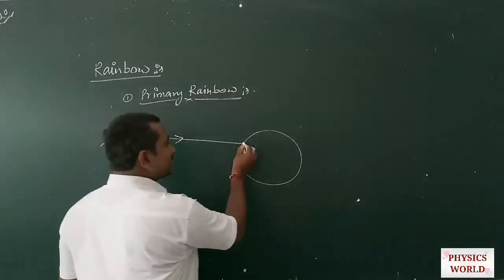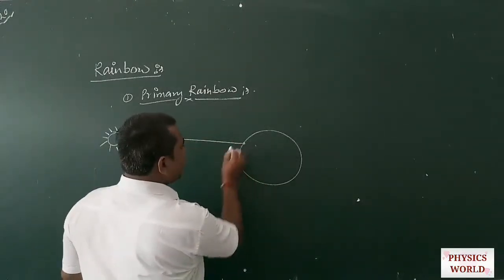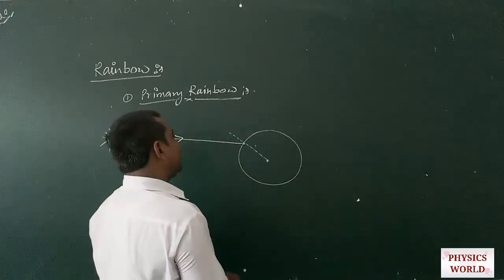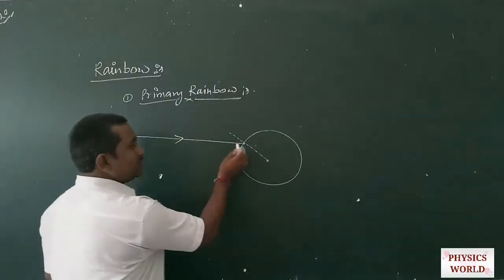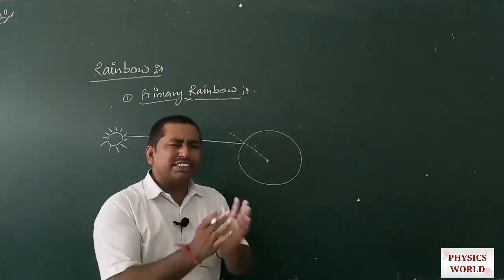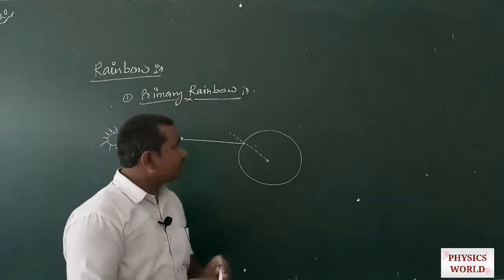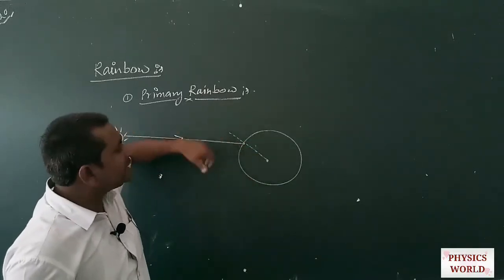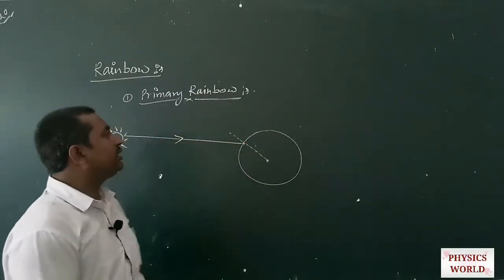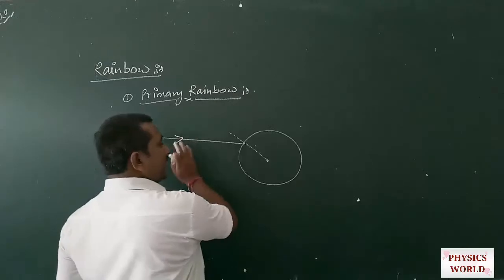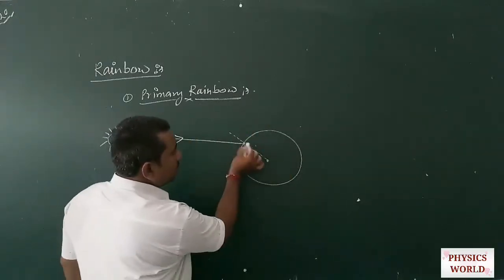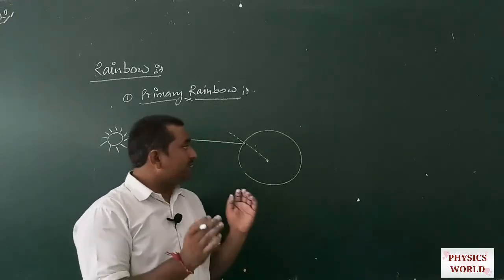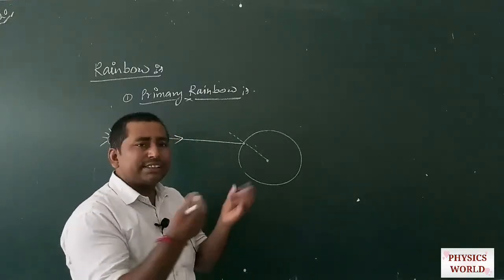When it enters the droplet at this point, then if we draw the normal at this point, we find that when light enters into the denser medium it must disperse into 7 colors, and it also deviates during refraction towards the normal because the speed of the light decreases while transmitting from the rarer to the denser medium. So suppose it is dispersed into 7 colors.